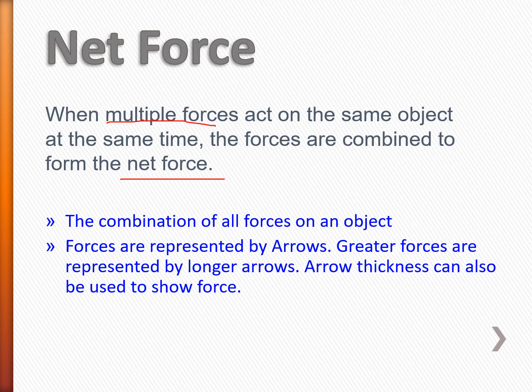So the net force is the combination of all forces acting on an object. Forces are represented by arrows. Greater forces are represented by longer arrows. Arrow thickness can also be used to show forces. So the size of the arrows can represent the amount or the magnitude of forces acting on an object.